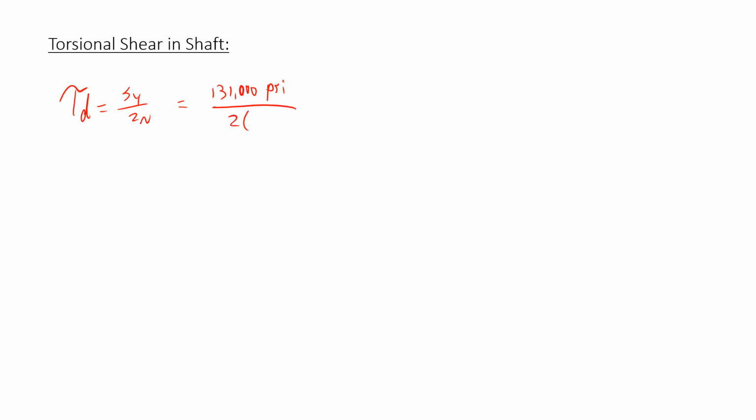We divide by 2 times 3. Now it's going to be psi because the N value has no unit. And that leaves us with 21,833 psi. That's our design stress.